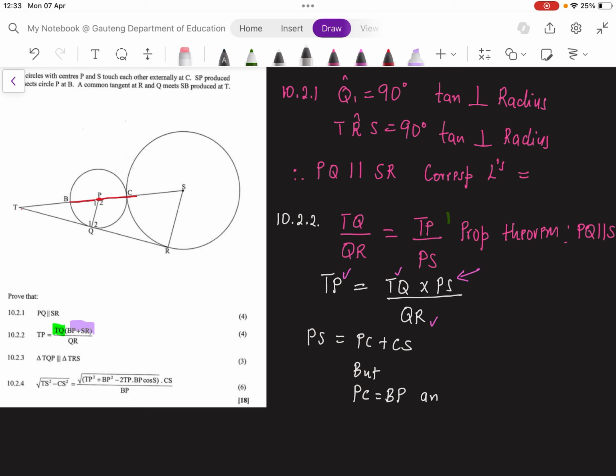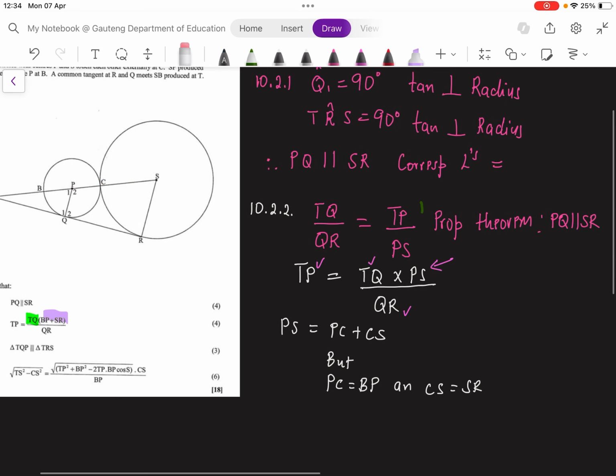And we can see that CS is equal to SR. They represent the radius of the bigger circle. So these two are equal. If PC is equal to BP and CS is equal to SR, the reason here is radii.